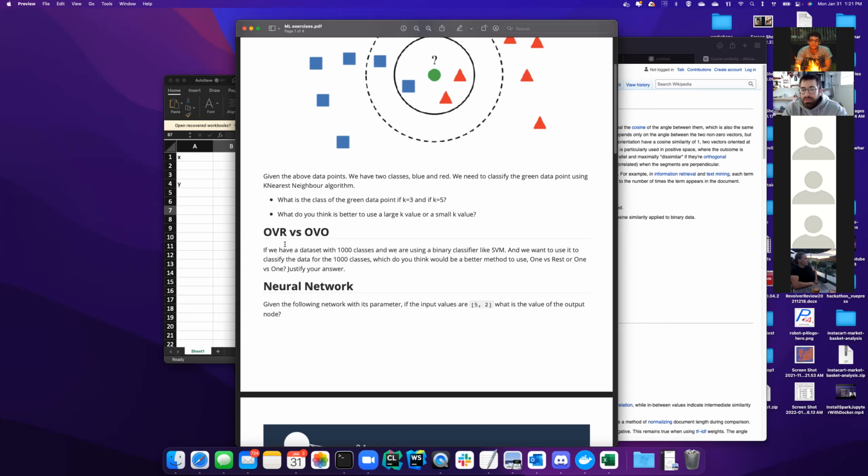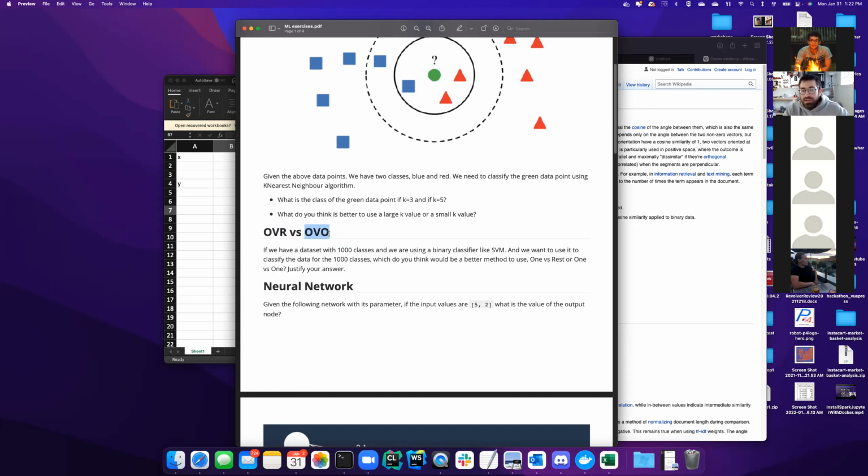That's a problem we call an imbalanced data set. And if we use 1 versus rest, it will most probably result in completely inaccurate predictions. So for 1 versus rest, you maybe can make a judgment saying that because it will be a huge imbalanced data set problem, it will result in inaccurate results, and therefore you shouldn't use 1 versus rest. But that doesn't mean you should use 1 versus 1.